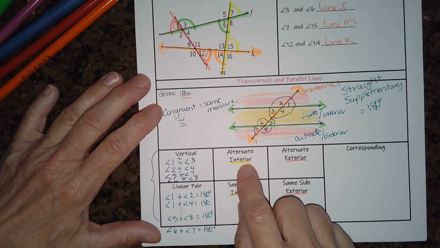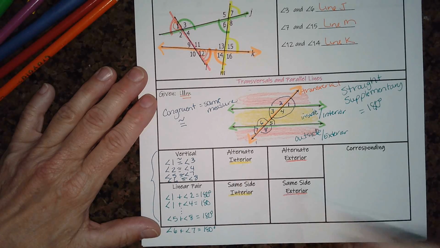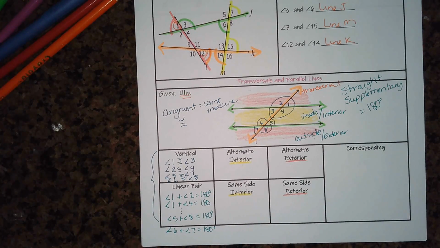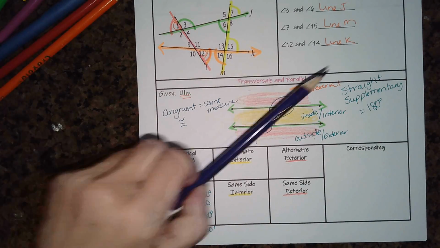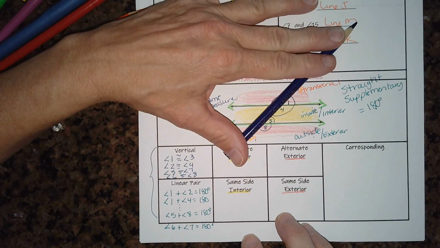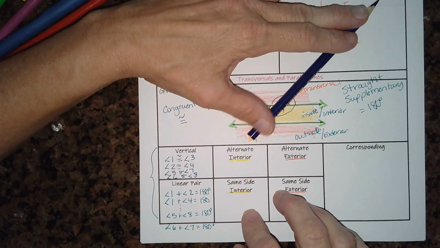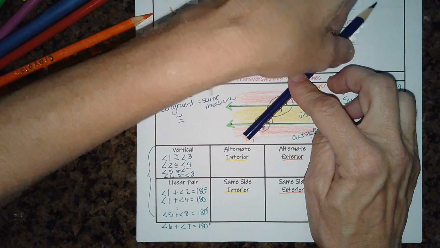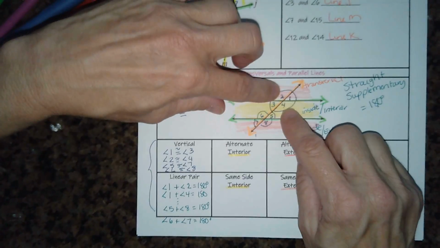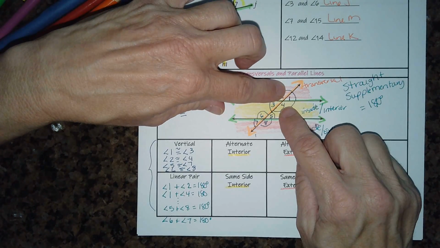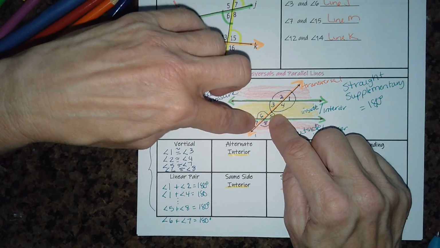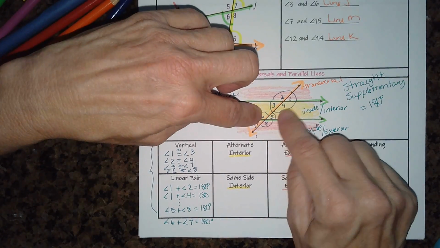of the transversal. So here we have a transversal. And the angles that are on opposite sides are going to be 2, 4, 5, 7, 8, 6, 3, and 1.